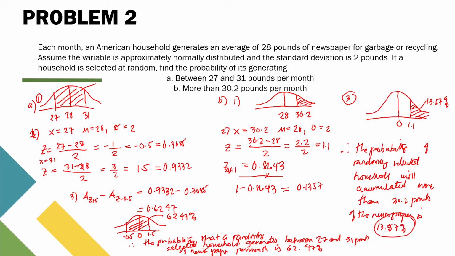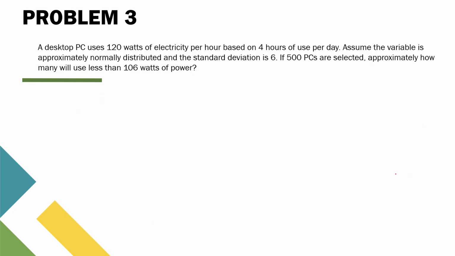So that is how step 1, step 2, and step 3 go. Therefore, the probability of a randomly selected household accumulating more than 30.2 pounds of newspaper is 13.57%. Okay, so let us have problem number 3.